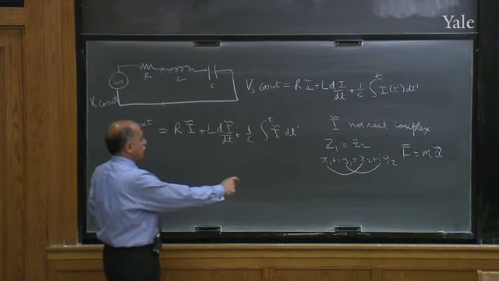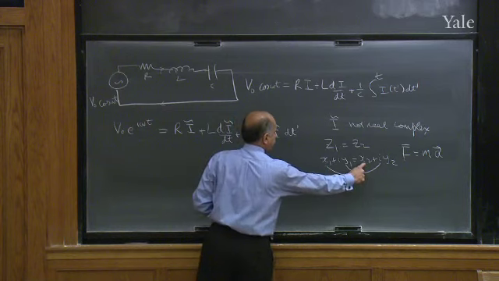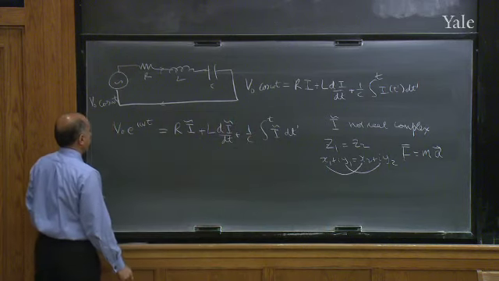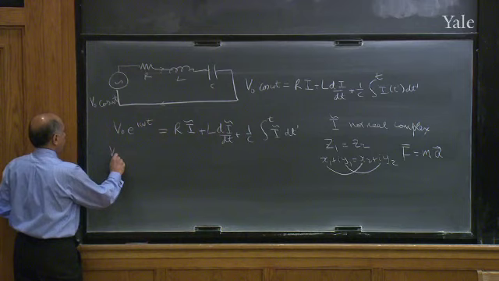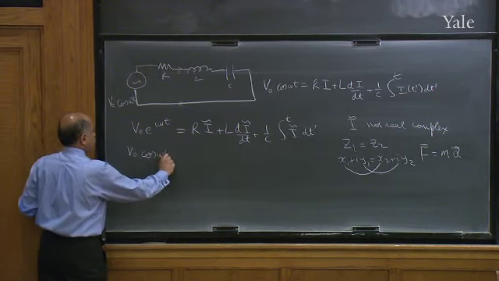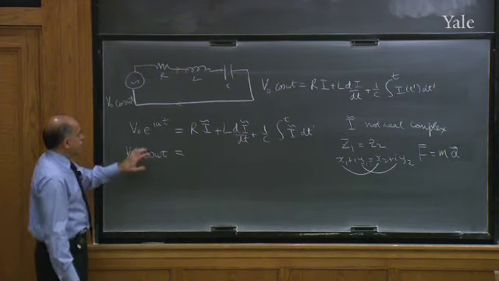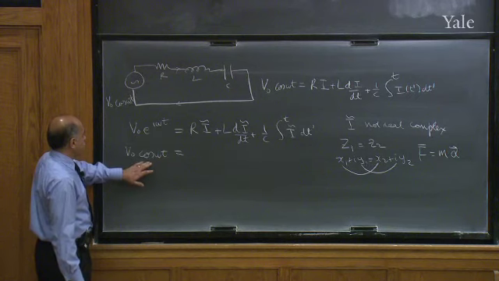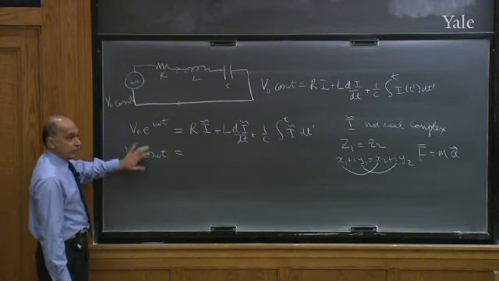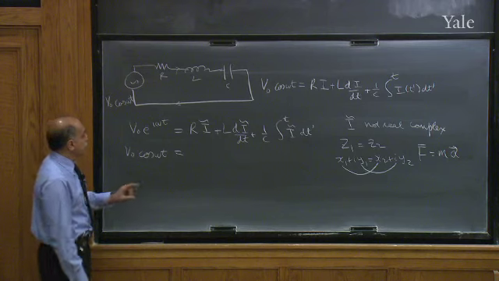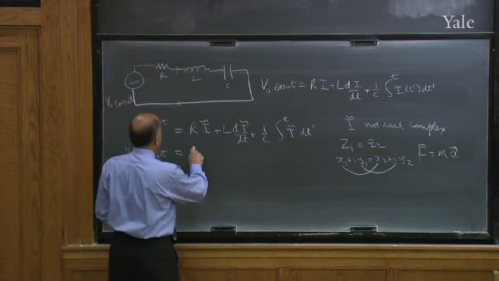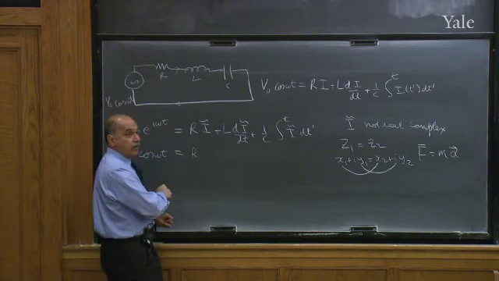So let's take the equivalent of the real part on the left-hand side and the real part on the right-hand side. And what do you get? The real part of this is the most important thing. Real part of this is cos omega t. That's because e to the i omega t is cos omega t plus i sin omega t. The real part is just cos omega t. On the right-hand side, I should take R times the real part of I twiddle.